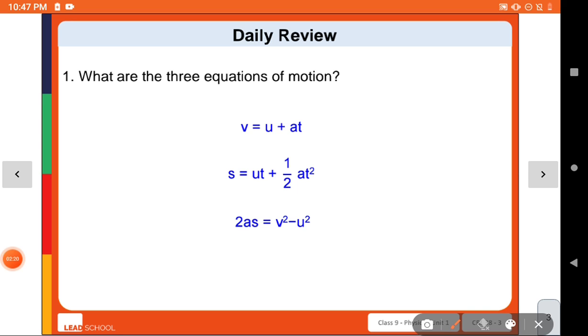In this equation, 2as, where 2 is a coefficient, a is acceleration, s is displacement, and v square minus u square is final velocity minus initial velocity. So these are all three equations of motion.